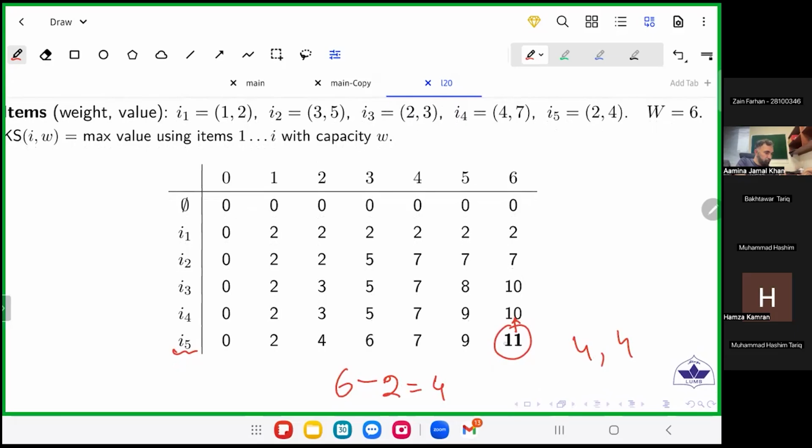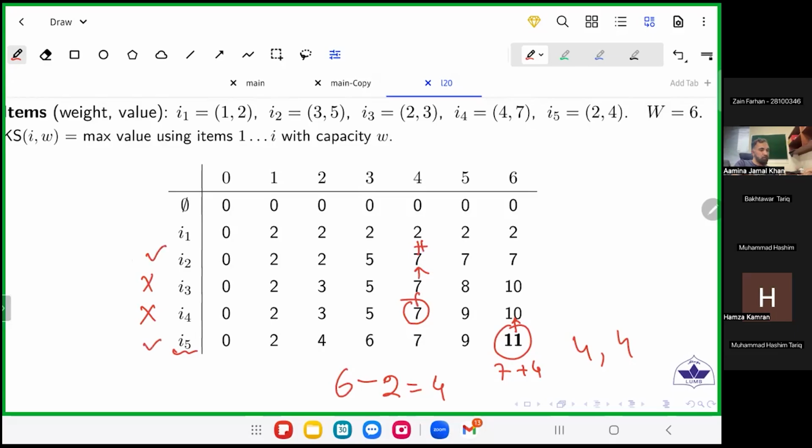इससे पहले 4 comma 4 is here. Okay, so this 11 was basically 7 plus 4. उसके बाद 7, we know how we ended up with 7 though. 7 is same as this, which means कि आपने item 4 को pick नहीं किया. 7 is same as this, which means कि आपने item 3 को भी pick नहीं किया. 7 is not same as this, which means कि आपने item 2 को pick किया है.